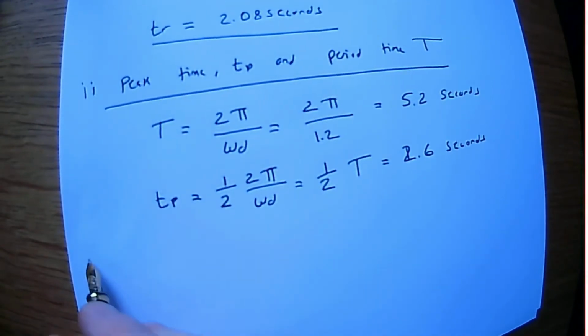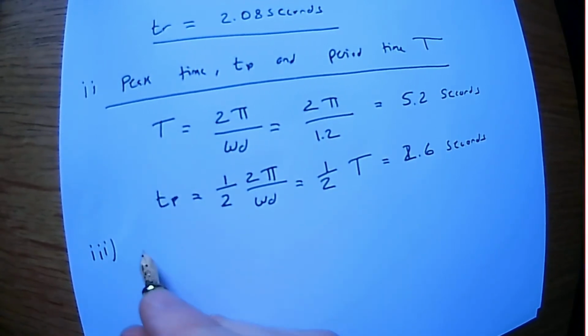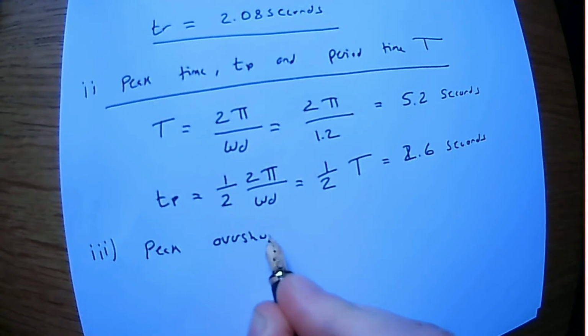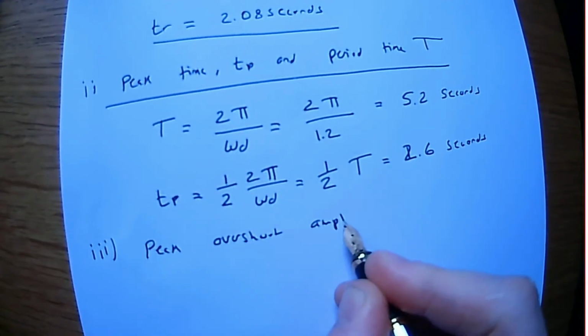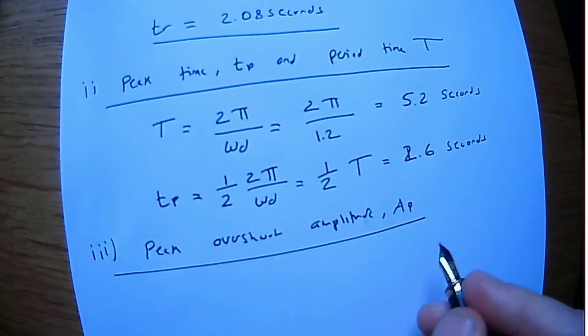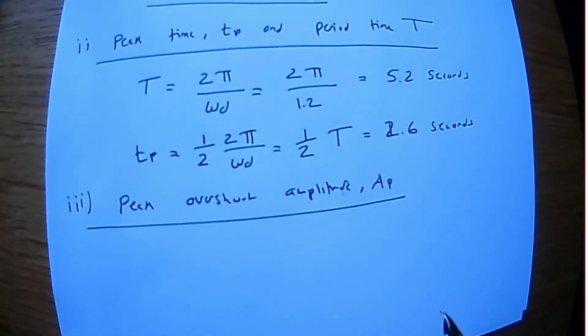The next property we're going to work out is the peak overshoot amplitude, denoted A subscript P. The formula for this is as follows.